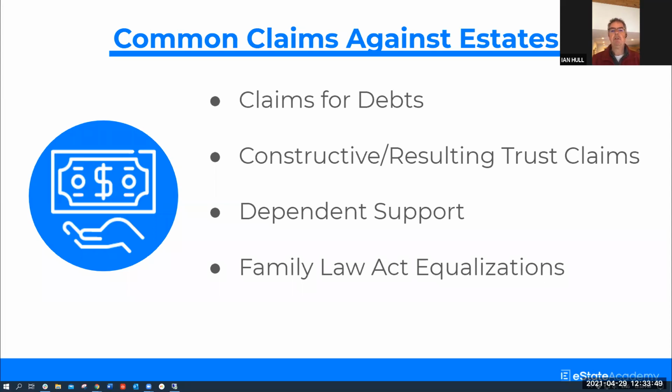A constructive trust claim, of course, is as a consequence of behavior or conduct on the part of parties. The classic was set out by the Supreme Court of Canada in the trilogy of cases back in the 70s and early 80s with Peckus and Becker and so forth, where the court had to look to a remedy to adjust for unjust enrichment, where in those days spouses were being treated in a fashion that on marriage breakdown or on death, they weren't getting their fair share of the wealth.